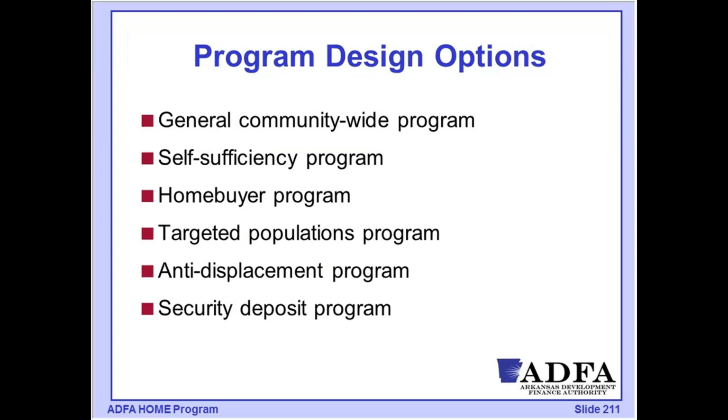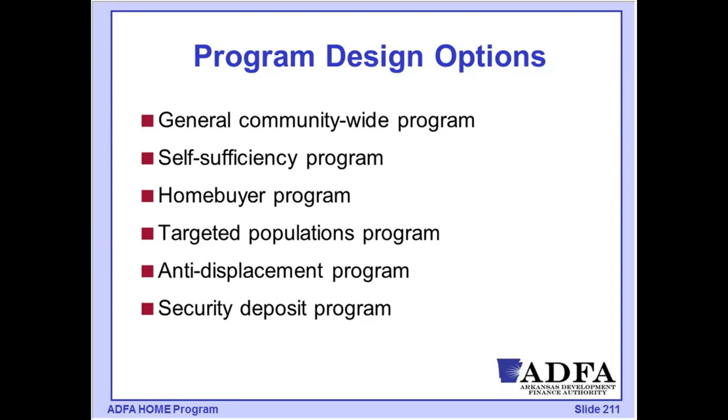So there are a number of approaches that are possible under tenant-based rental assistance. Many programs are run generally for anyone in the community that is income eligible. We also can target our use of TBRA funds. So it might be paired with a self-sufficiency program. So we have households that have enrolled in this program to work on their job skills and their self-sufficiency.